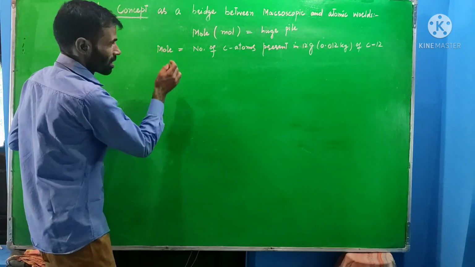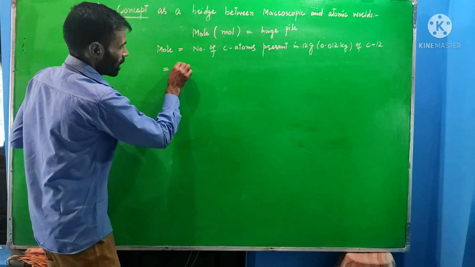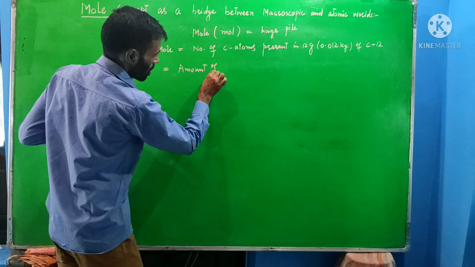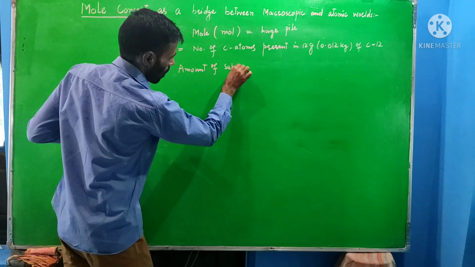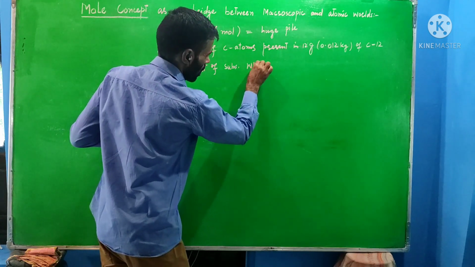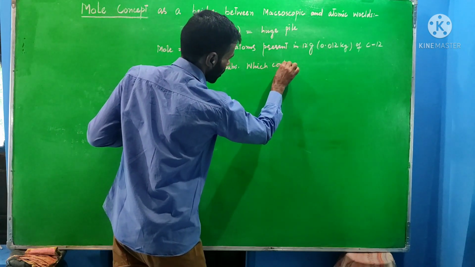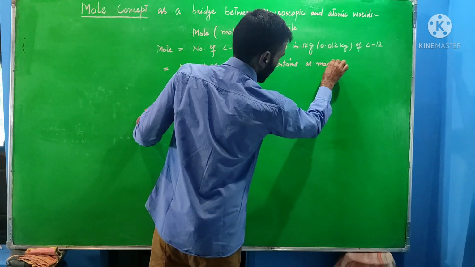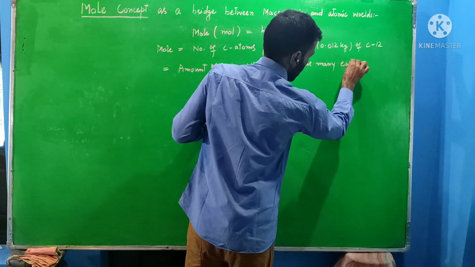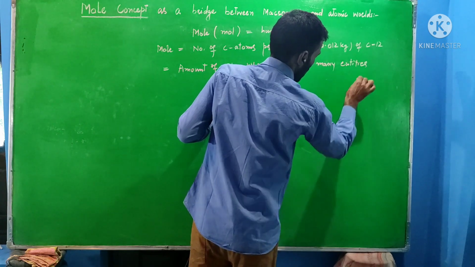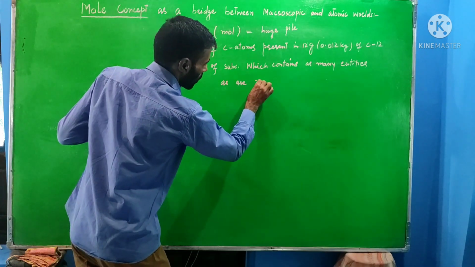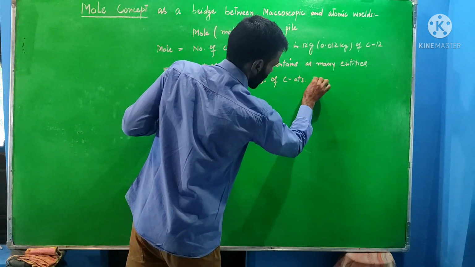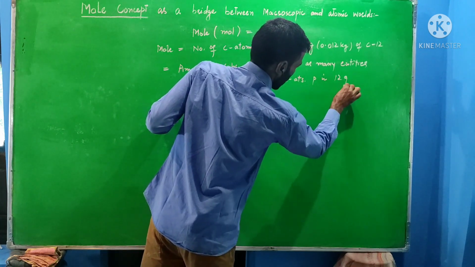We may define this mole in this way also: it is the amount of any substance which contains as many entities as the number of carbon atoms present in 12 gram of carbon.